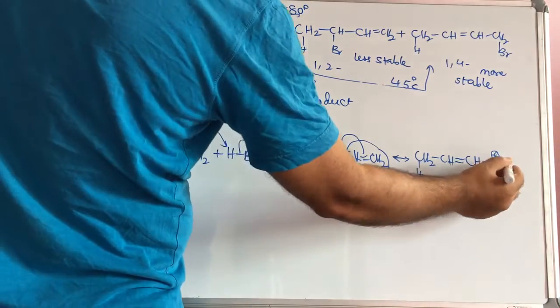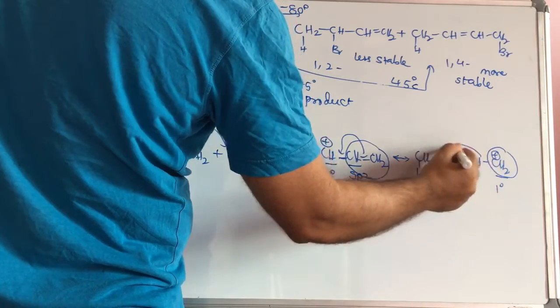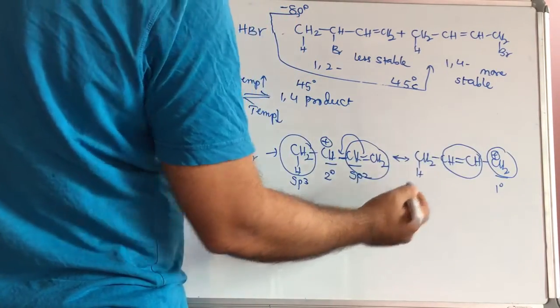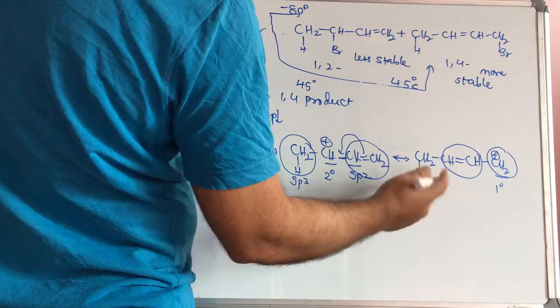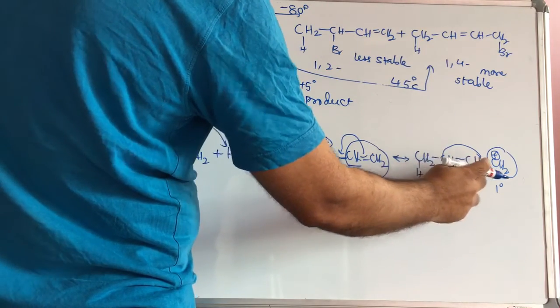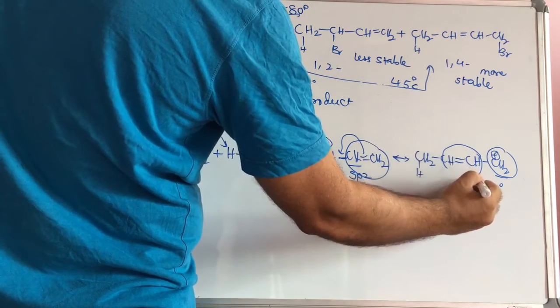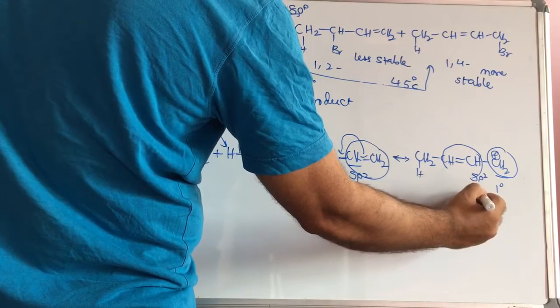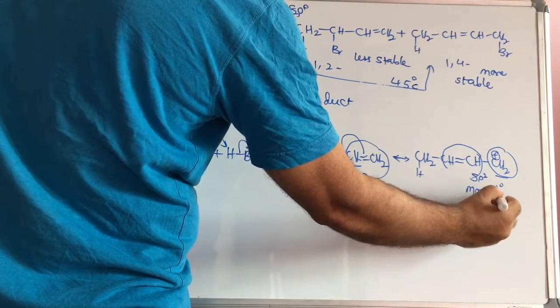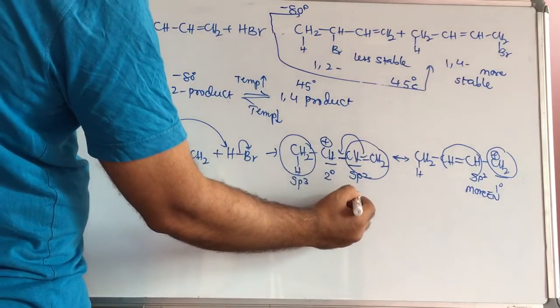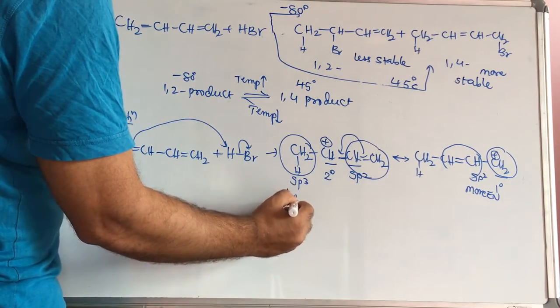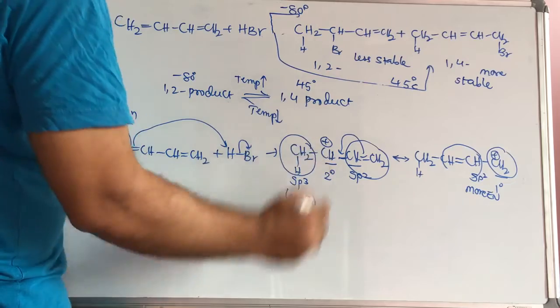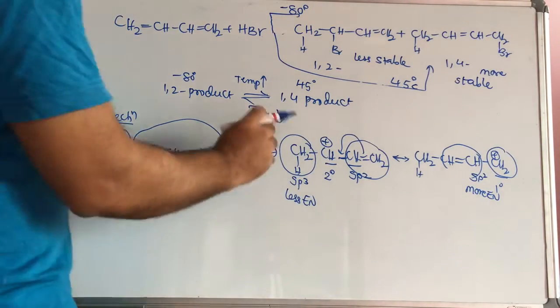This carbocation is bonded with this group, not allylic, this is normal, this double bonded. Then it is an sp2 carbon. sp2 carbon is more electronegative. Here also more electronegative, but this is a less electronegative atom or group.